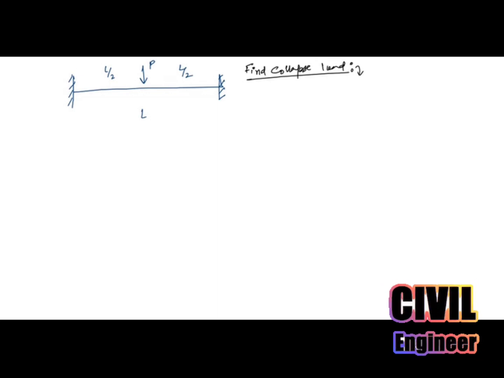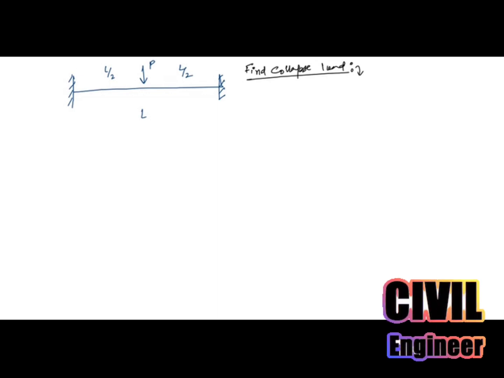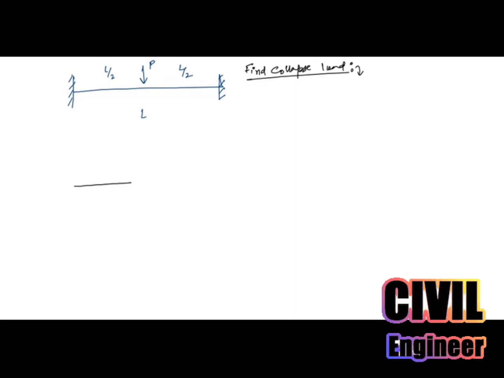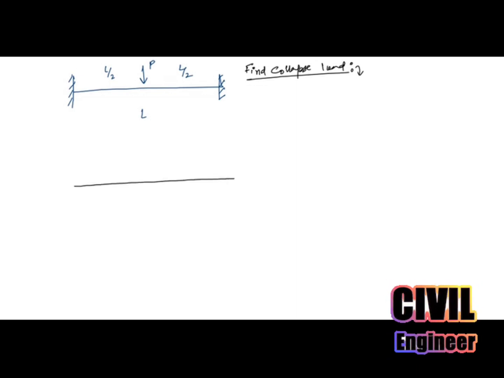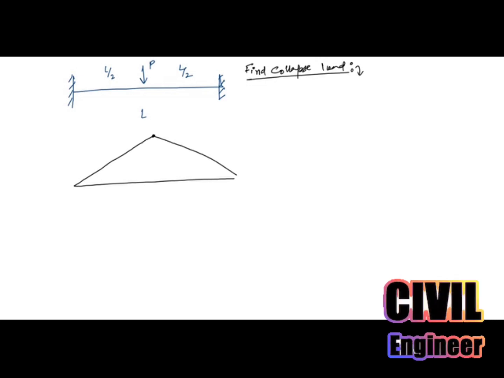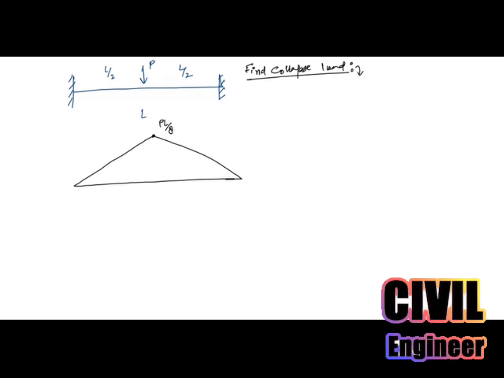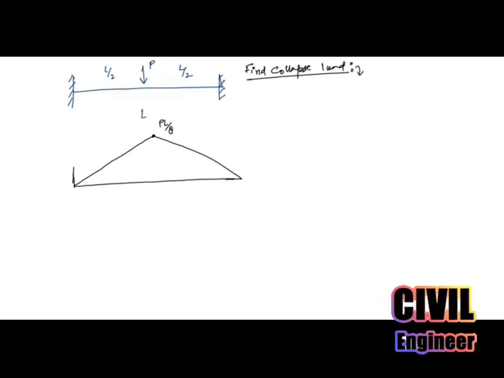First of all, we'll form a bending moment diagram because we don't know where the hinge will be formed, whether these three hinges will be formed simultaneously or not. So the bending moment for this is PL by 8 due to this point load, and the hogging moment due to these two.